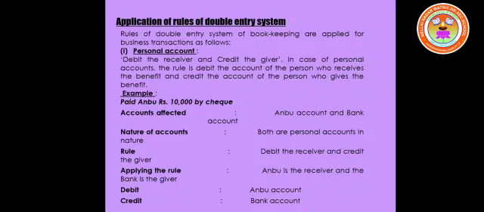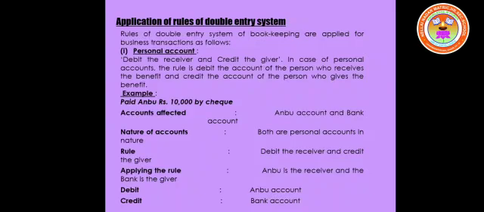In case of personal accounts, the rule is debit the account of the person who receives the benefit of the transaction and credit the account of the person who gives the benefit. For example, we can say, paid Anbu. Anbu is our customer. Paid Anbu rupees 10,000 by check.